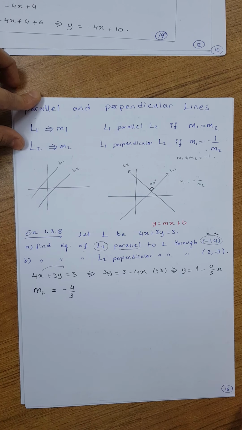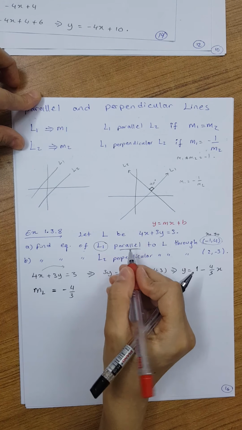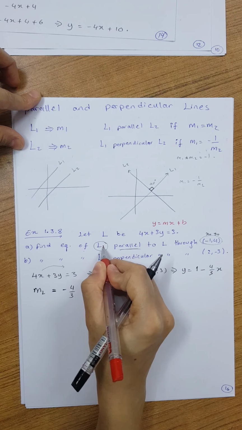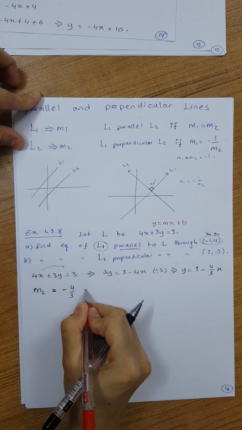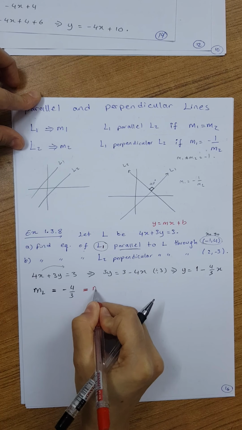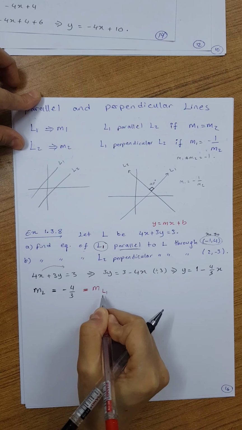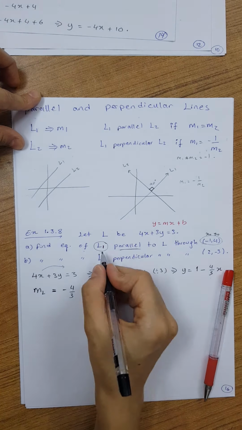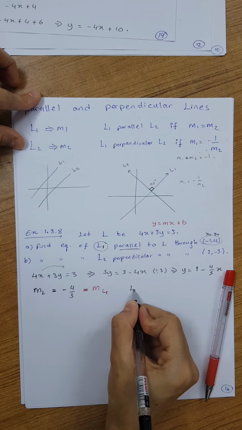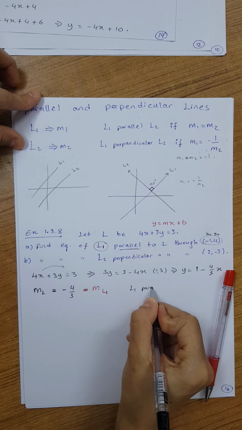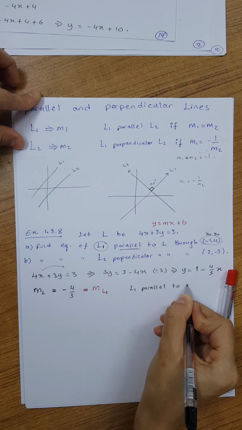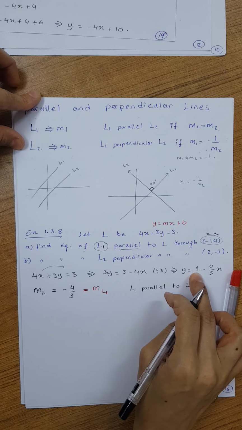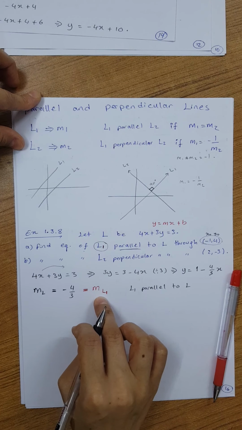Okay. What am I searching for? The slope of my line that I want to find, the slope of L1. That's equal to what? Why is it equal to the slope of L? Because the line L1 is parallel to L. That's why when I find that slope, it will be equal to the slope that I am searching for.